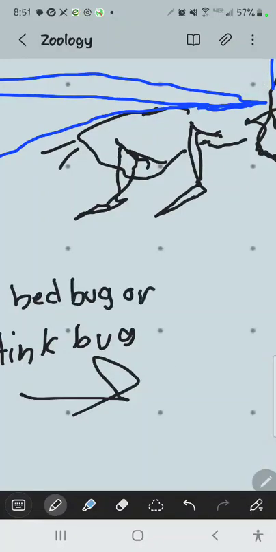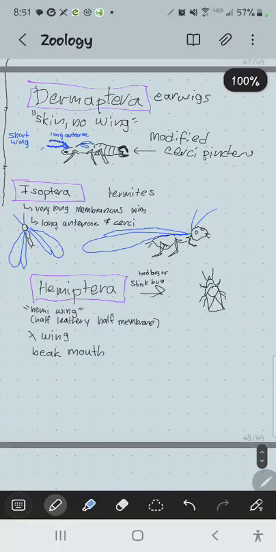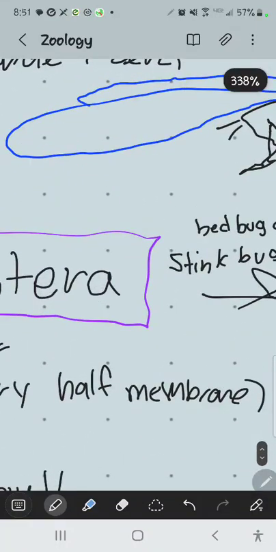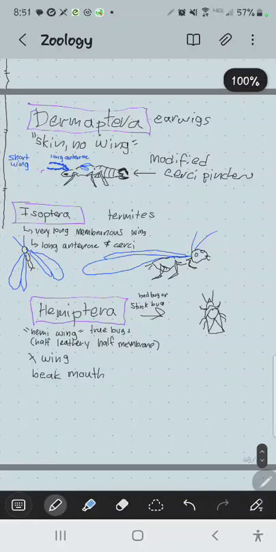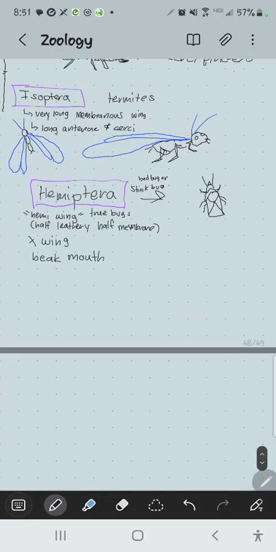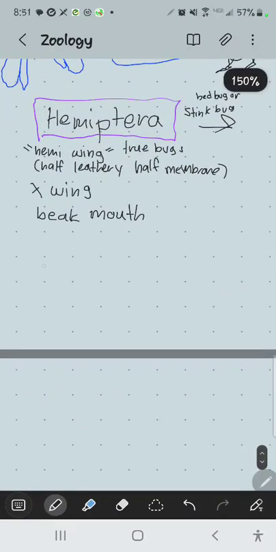Okay, then the group that's very similar to them is, let me change this name. I'm going to change this name to a different name here, though. Not the Hemiptera, it's the Homoptera. And again, what the deal here is this is an older classification, but I think it makes more sense.